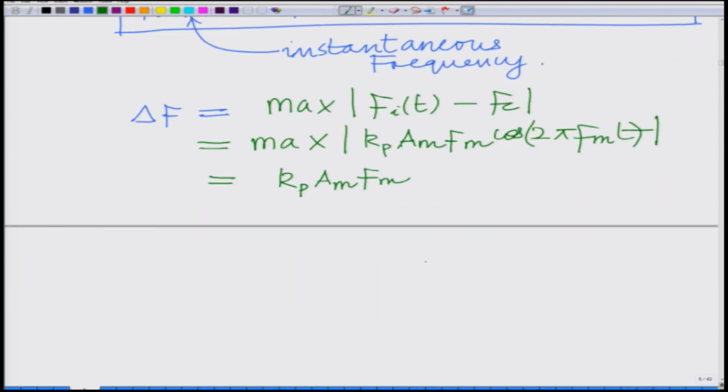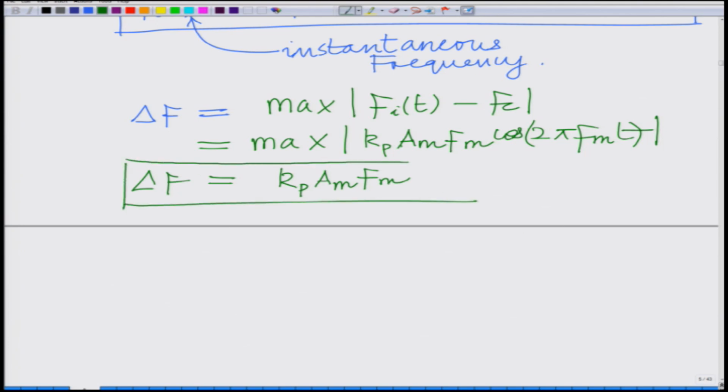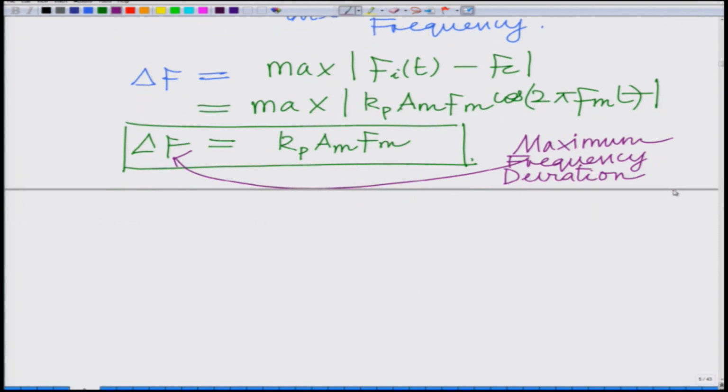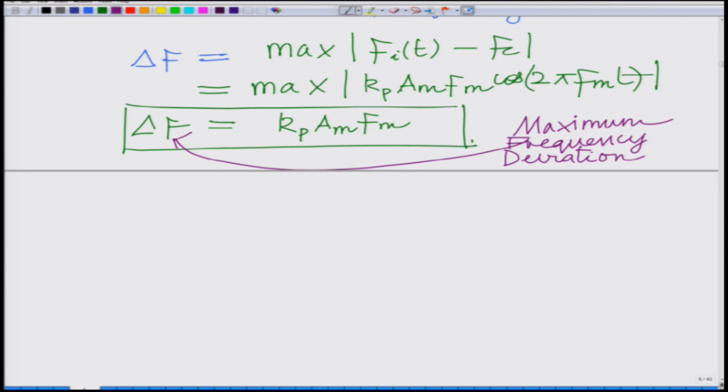So, we have delta f, that is the frequency deviation. Remember what is delta f? Delta f is the maximum frequency deviation.